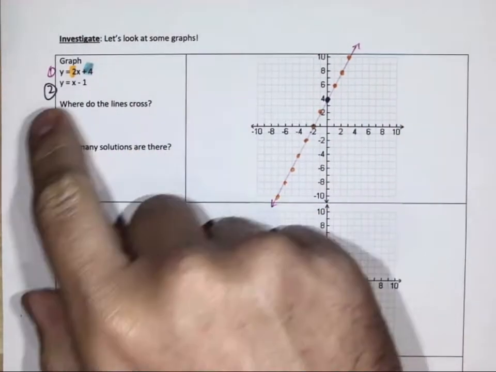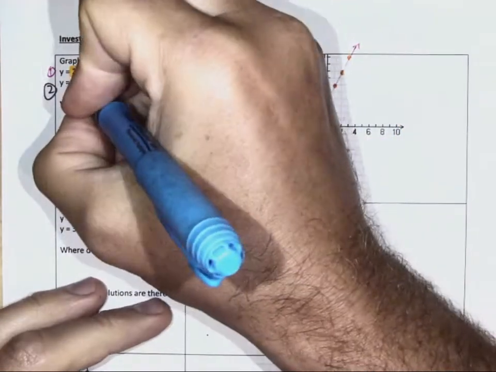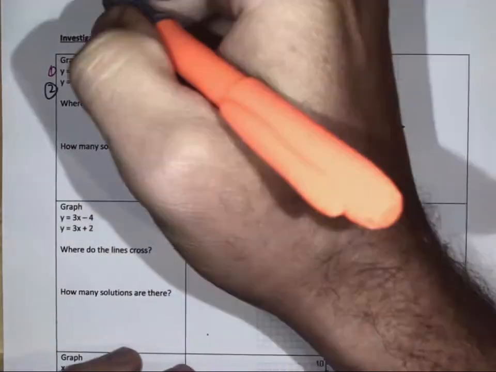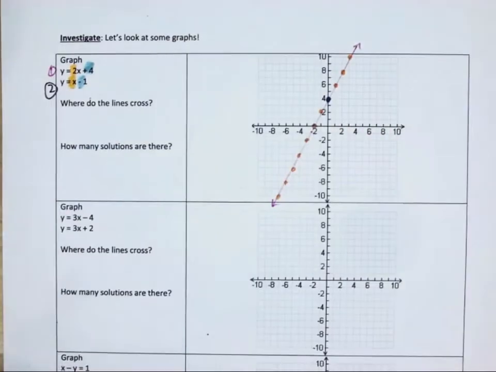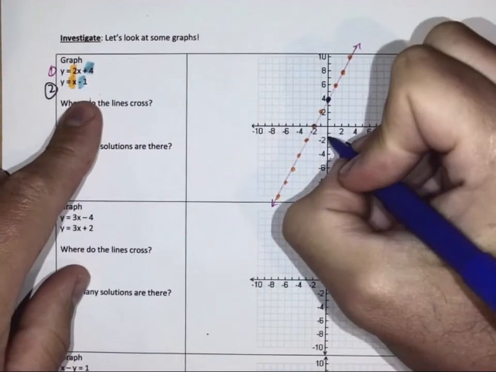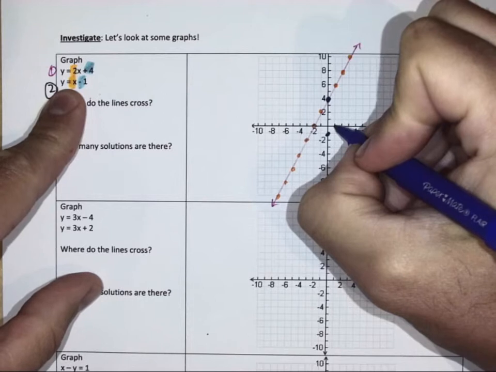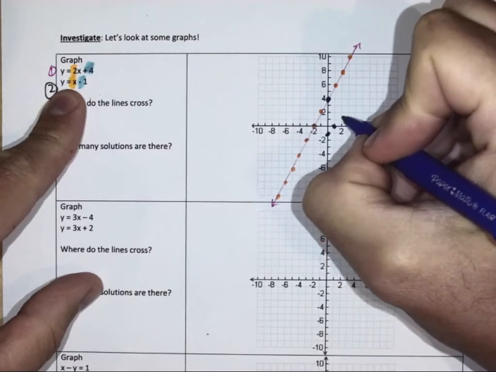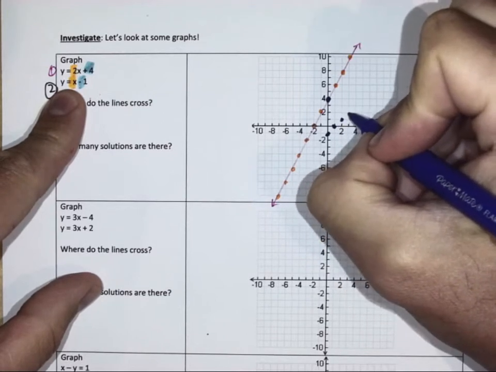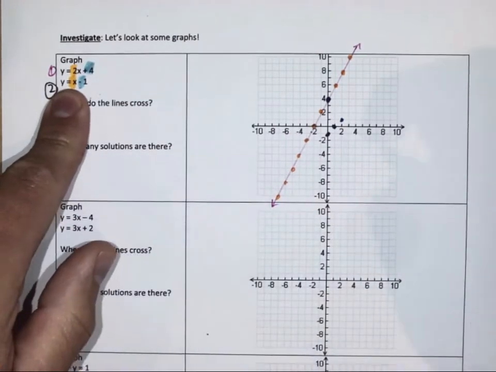The same still applies for our second line. We have a y-intercept of -1 and a slope of 1. So -1, a slope of 1 means up 1 to the right 1. Up 1 to the right 1, up 1 to the right 1, and I should be using orange.